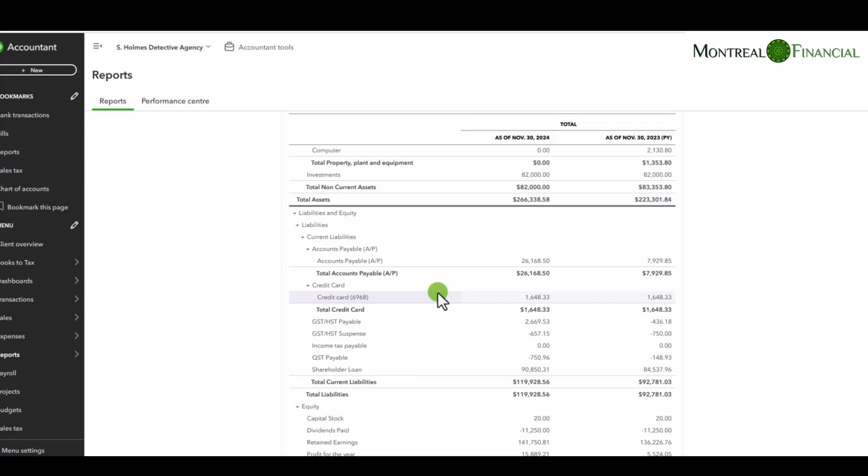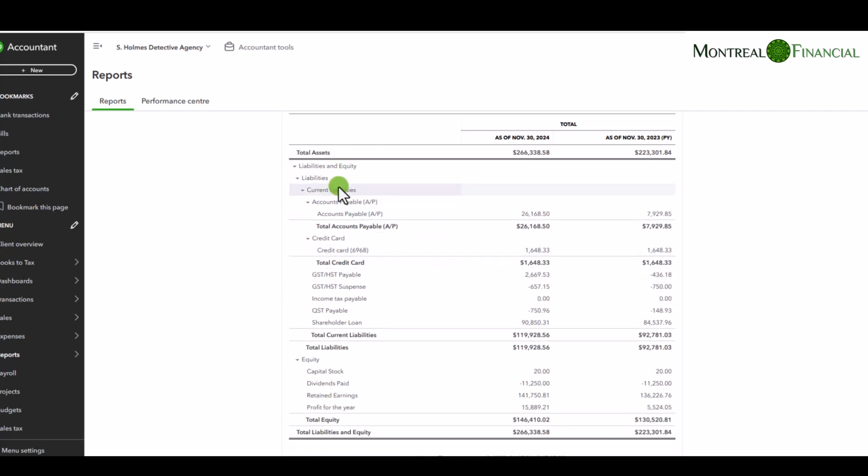In the liabilities and equity section, you have amounts that you owe. This includes your accounts payable, in this case, which are amounts that you owe to suppliers, your credit card, your sales taxes, GST payable, GST suspense, QST payable, your income taxes payable.